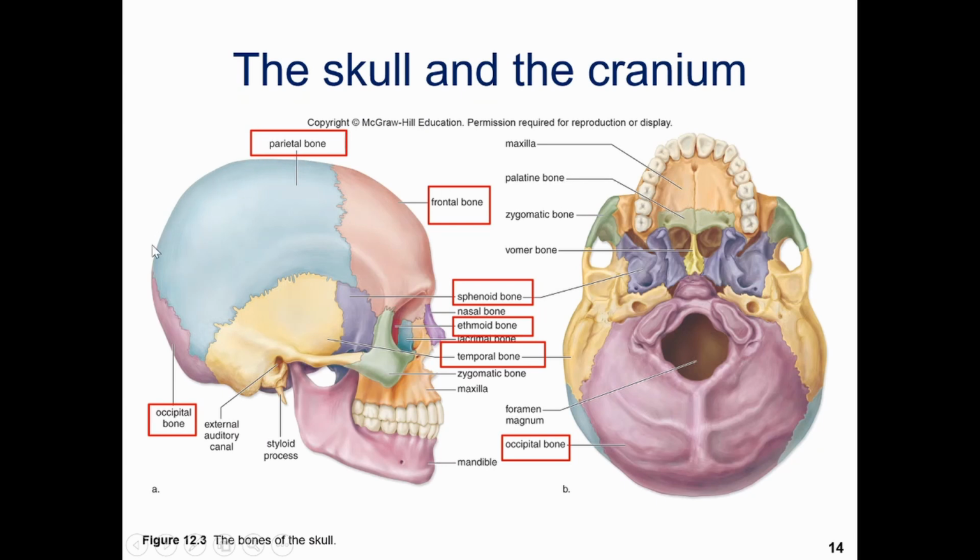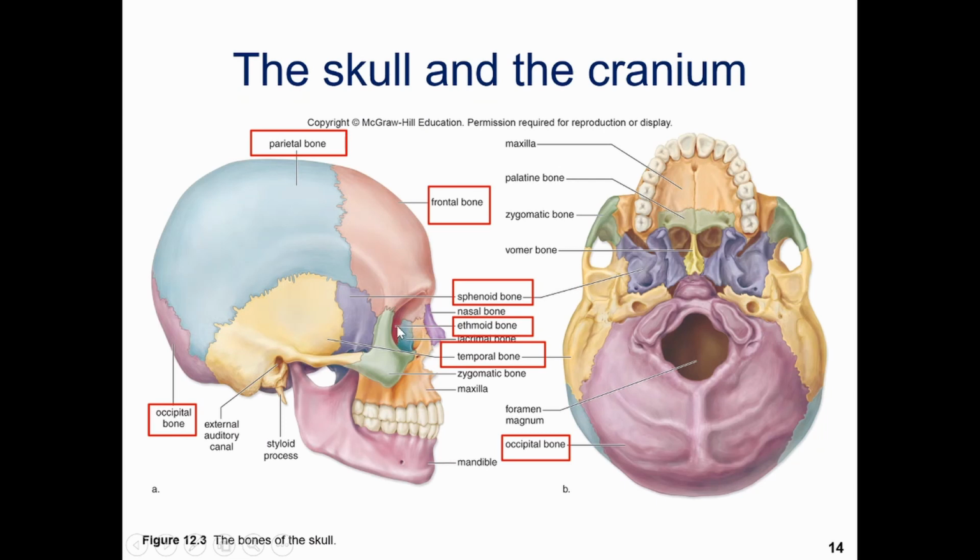The parietal bone is this bone here we see in blue. The frontal bone forms part of the forehead. The occipital bone is back here, covering the back of the head. The temporal bone here in yellow with some kind of interesting features. The sphenoid bone right here. And the ethmoid bone, which you can kind of see right here. You can't see it from the posterior view, from the view from the bottom.